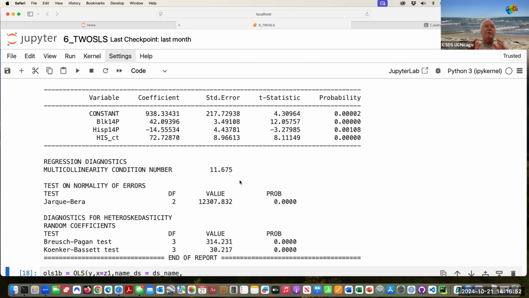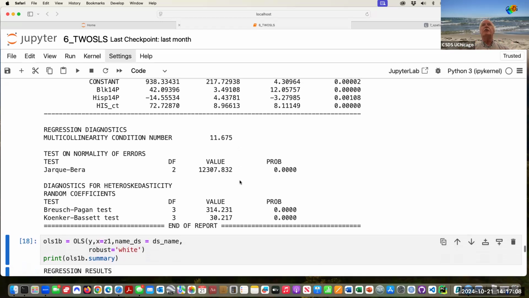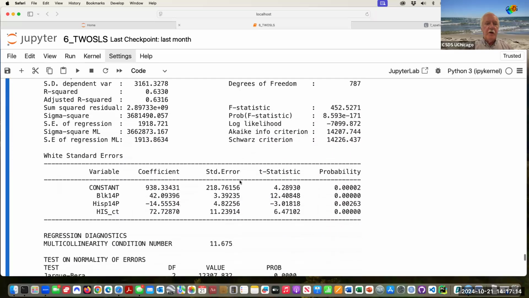Then the standard errors after the correction will tend to be larger, sometimes much larger than the original ones. Okay. So we can do this in an ordinary least squares regression, but by the same token, we can also do it in two-stage least squares. So it's the exact same setup.